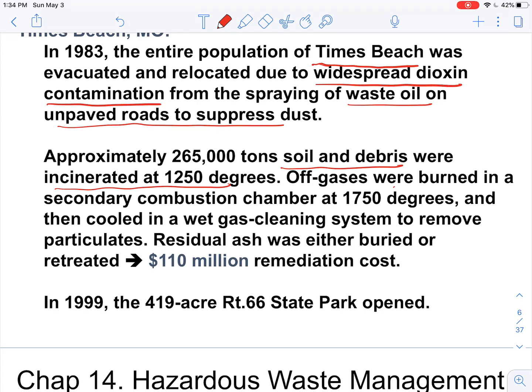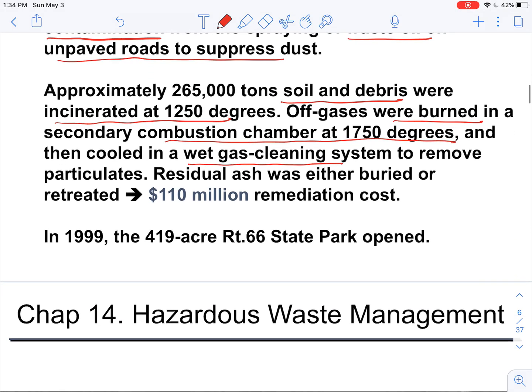Okay, so the off gases were burned in a secondary combustion chamber at even higher temperatures and then cooled in a wet gas cleaning system to remove the particulates. These residue ashes were either buried or retreated. Okay, so this cost 110 million in remediation.